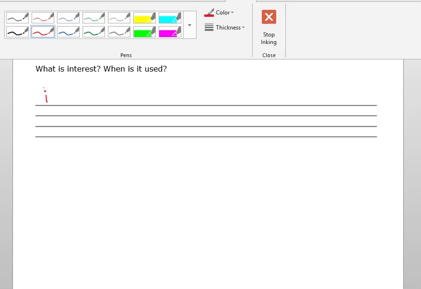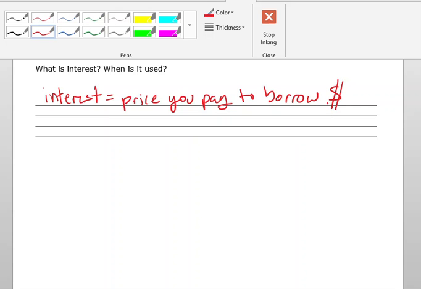Okay, so interest, we're going to call it the price you pay to borrow money. And that's a really simple explanation. And when is it used?